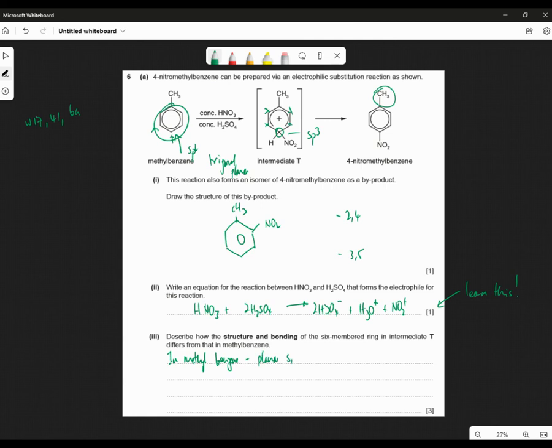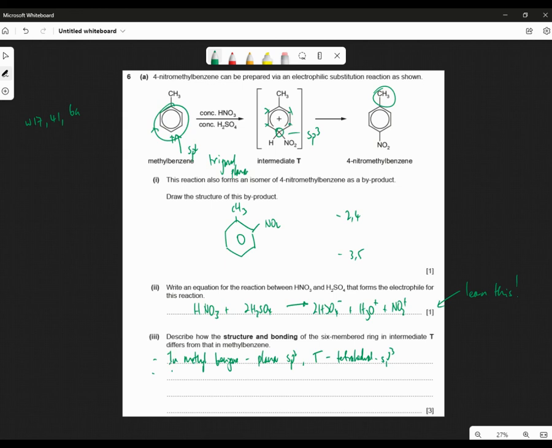And why is it planar? Because everything's sp2 hybridized. But in T, the bottom carbon is tetrahedral. And why is it tetrahedral? Because it's sp3 hybridized, isn't it? Okay, so there you go. I think that's worth a mark. That's 1 mark. What else can we say?